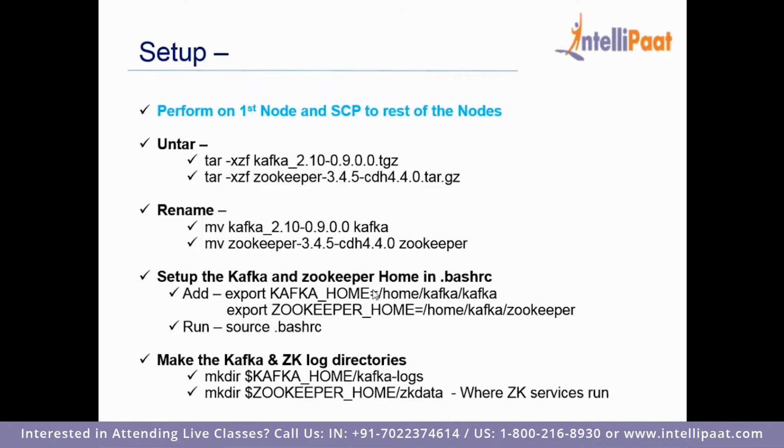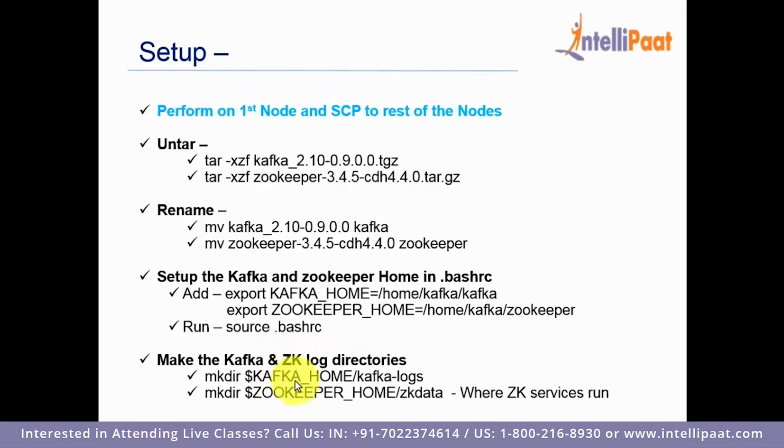On the first node we will simply untar the directories, that is the Kafka tarball and Zookeeper tarball. We will rename them according to our convenience. Then we will set up the environment variables like KAFKA_HOME and ZOOKEEPER_HOME in the .bashrc file.